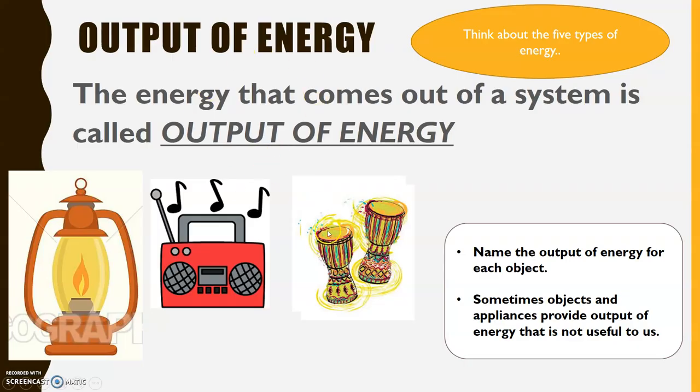And when you hit it, it gives off sound energy. And someone who's hit a drum before will say it also provides some sort of heat energy, because as you hit the drum, you can actually feel your hand getting warmer. However, that heat energy coming from the drum is not what we need. It is not useful to us.